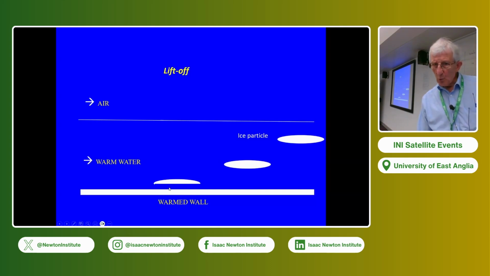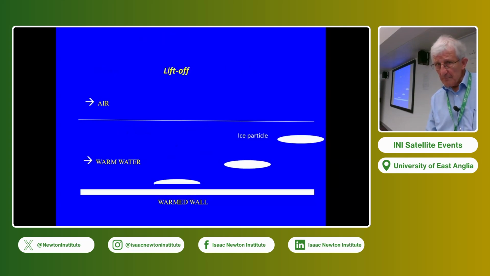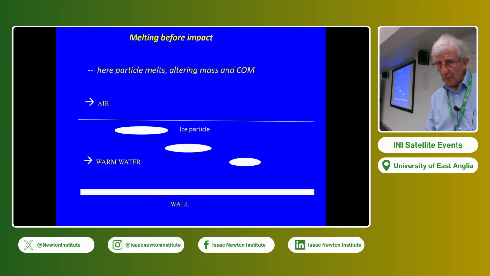So warm water, warmed wall, and that ice which has just been shed is presumably going to travel downstream, and it could stay in the water layer or go down and hit the wall again, or it could fly out of it. We don't know. Also, the ice is going to melt, presumably, so it's going to change shape and orientation, and these are interesting problems. So that's lift off after impact.